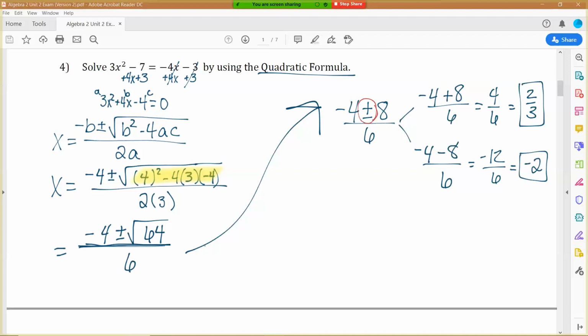Again, I would just leave 2/3 as a fraction. No need to convert it to a decimal. Questions on this one?